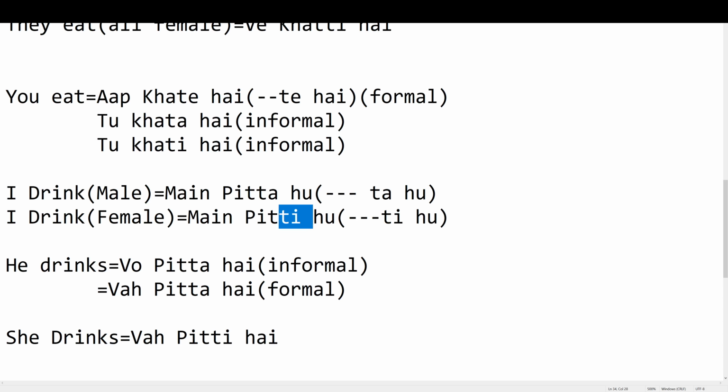So see, वह पीती है, formal. वो पीती है. Got it? This is an informal way to say.